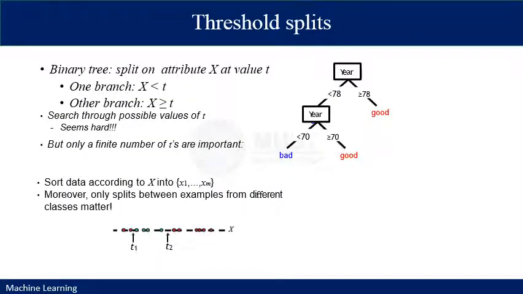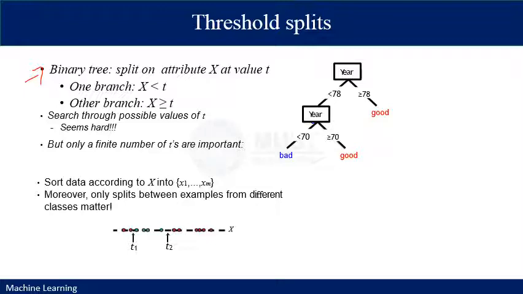Therefore, other techniques should also be employed. For example, you should replace the real values with a binary tree and split on attribute x at value t. In one branch you should have x less than t, and the other branch should have x greater than t.